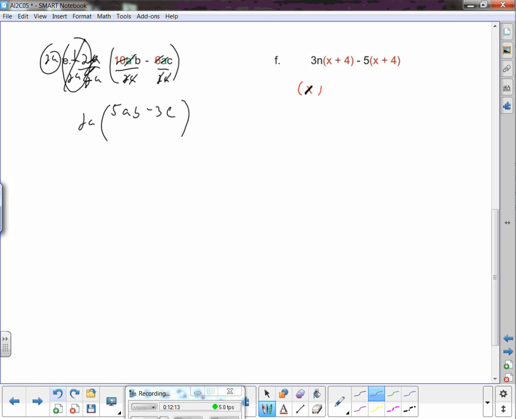Can't we just factor it out like we just factored out those common variables or numbers? So I took it out front because it's common to both. And hopefully you would agree what is left is a 3n minus 5. So I factored out a common binomial. Again, that's abstract, but that is key.